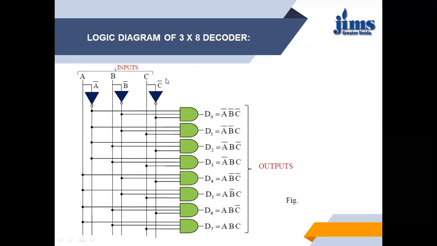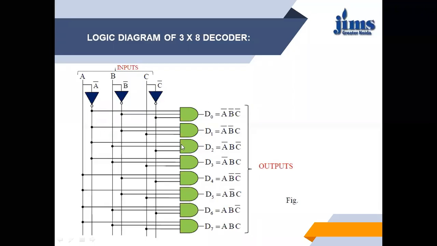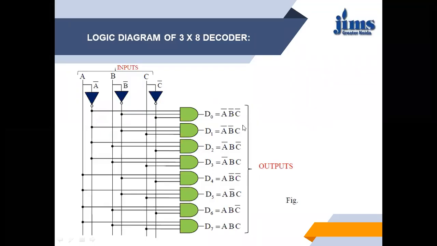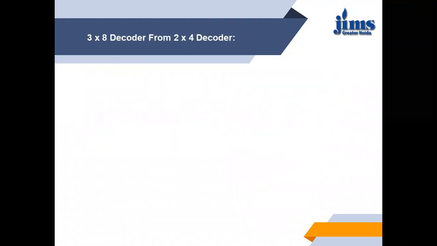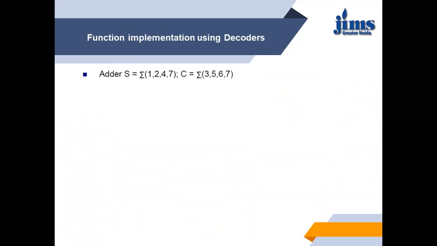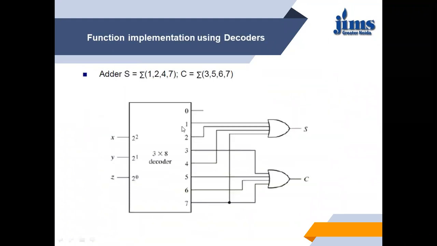So here X, Y, Z is the input. With the 3 inputs, it provides 8 minterms. So in the Boolean function, whichever minterm is 1, that can be added with the help of the OR gates. So we can conclude that this total circuit, a decoder followed by OR gate, is known as a ROM, read-only memory.